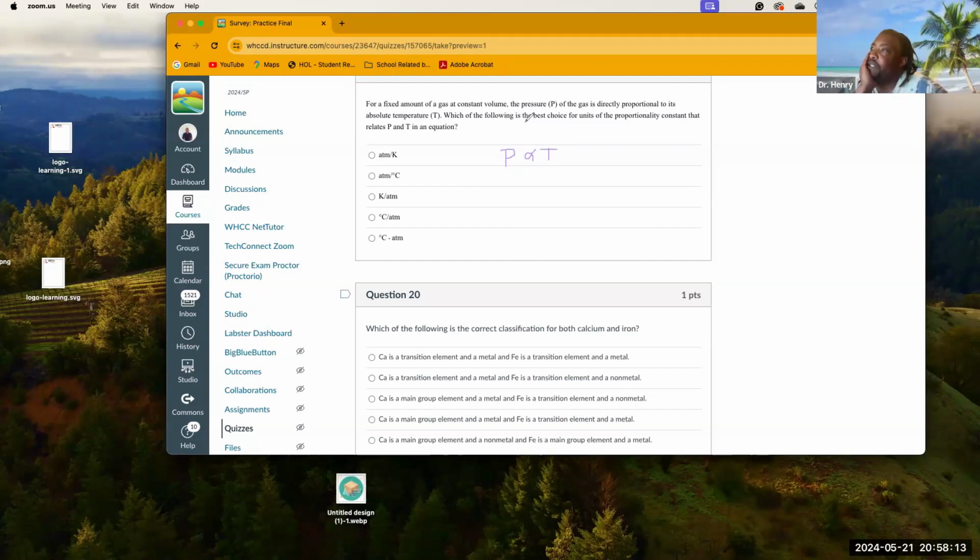Which of the following is the best choice of units of the proportionality constant that relates P and T in an equation? So we're saying if we say that P is going to be equal to KT, what is going to be the units of T?